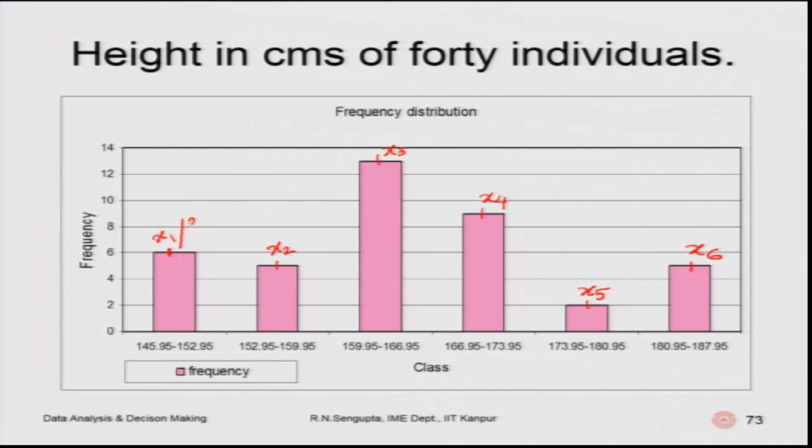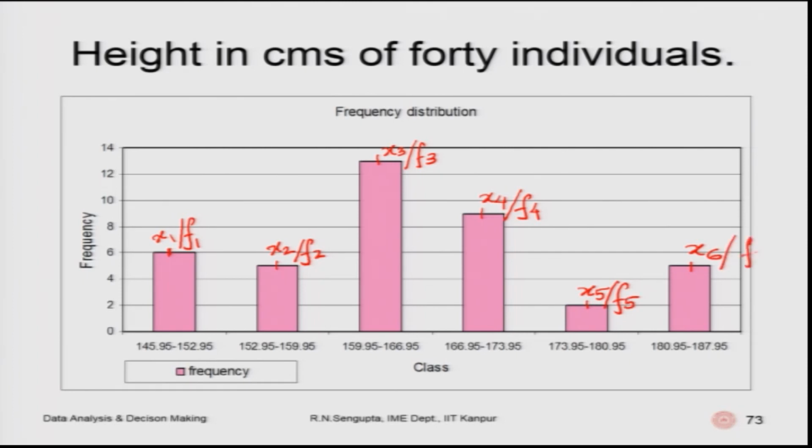So, let it be f1, second value is about 5. So, this will be f2, third value is 13. So, it will be f3. I am not writing the values, I am just writing the variables of the symbol. The fourth frequency is basically 9, which is f4, fifth value is 2, which is f5, sixth value is 6, which is f6.